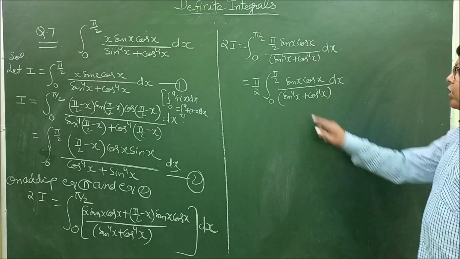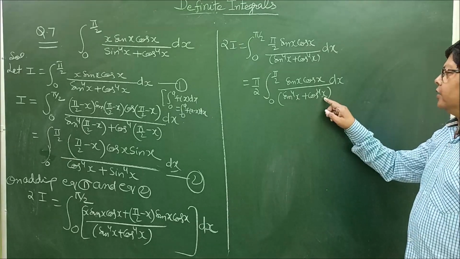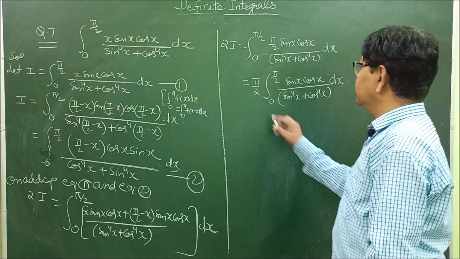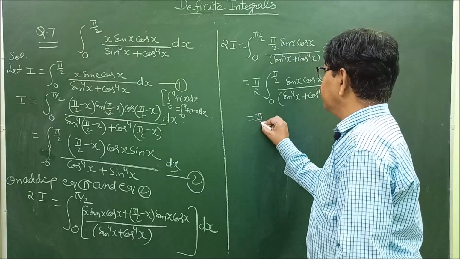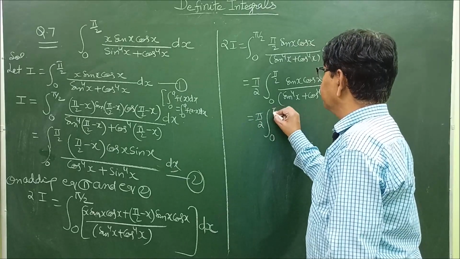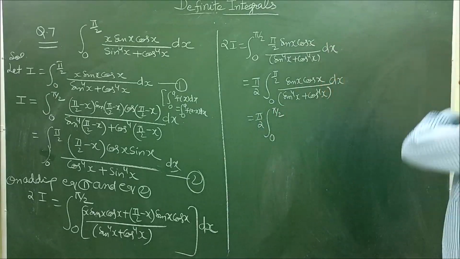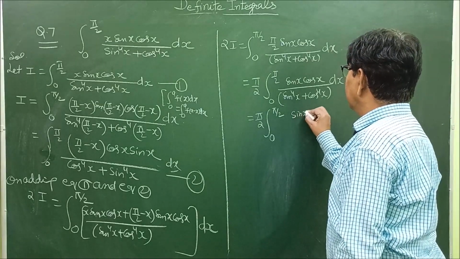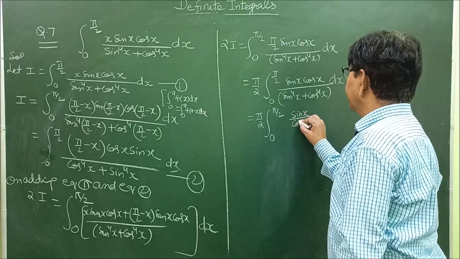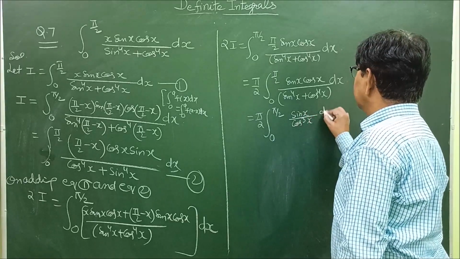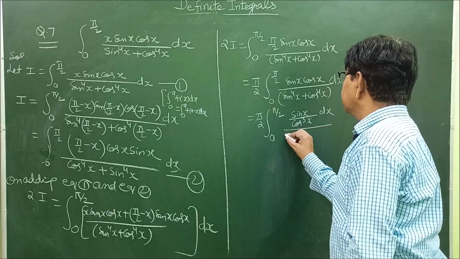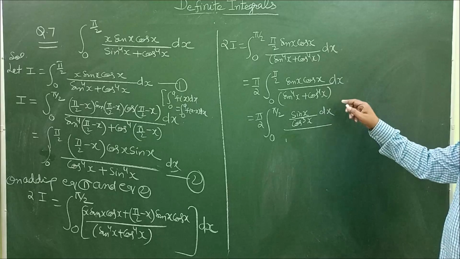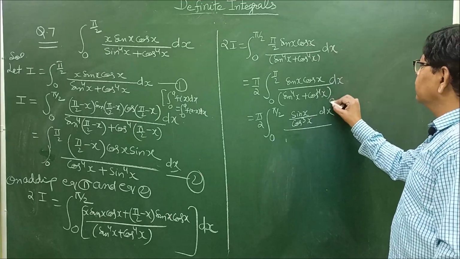Now to convert this into tan, let us divide both numerator and denominator by cos 4x. So if we divide by cos 4x, then pi by 2, 0 to pi by 2, we get sin x upon cos cube x dx upon 1 plus sin 4x upon cos 4x, dividing by cos 4x.